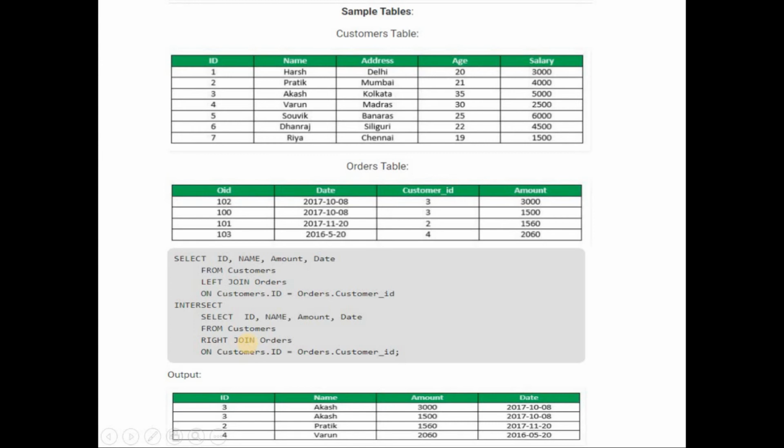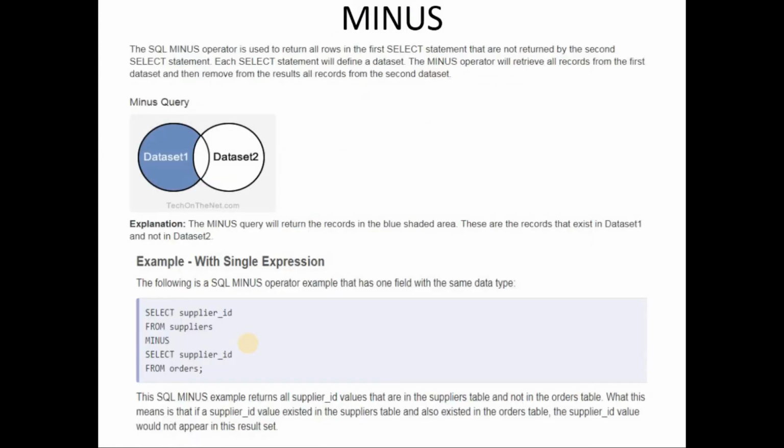So intersect is that, and minus is also there. The minus query returns these values. The SQL minus operator is used to return all the rows in the first select statement that are not returned by the second select statement.